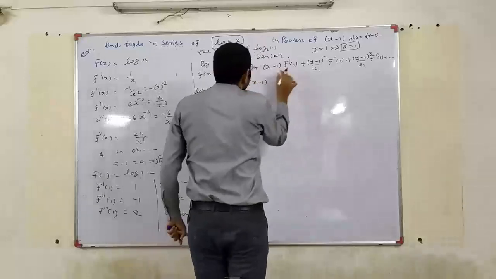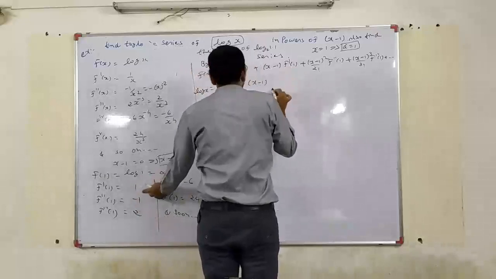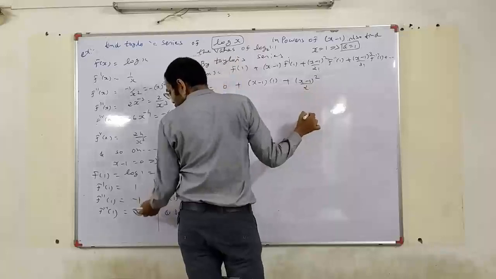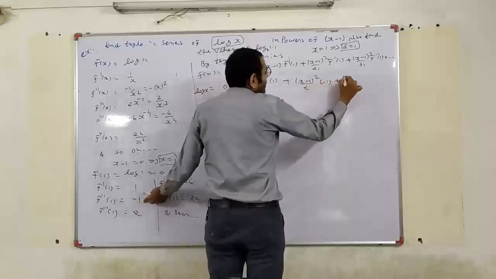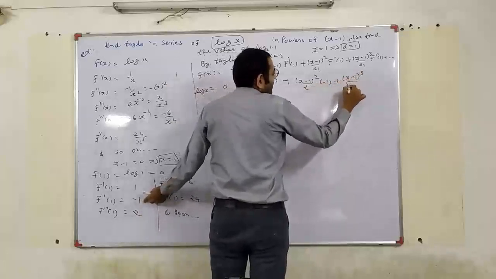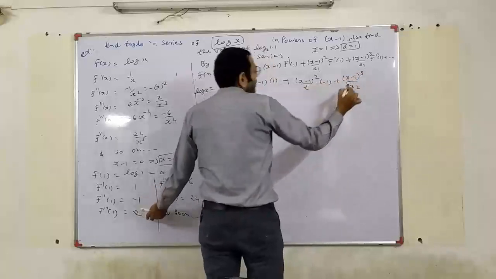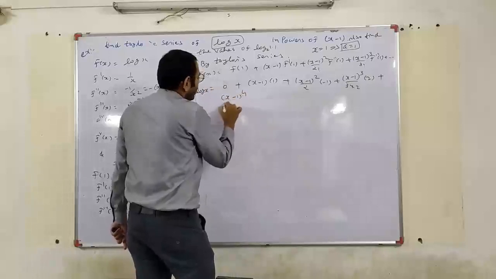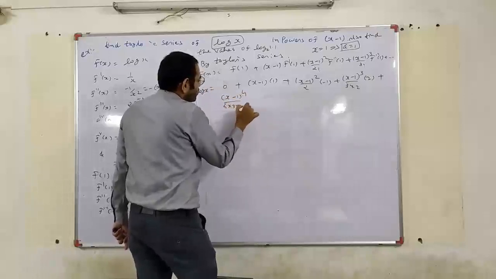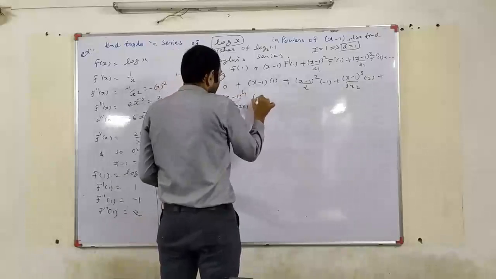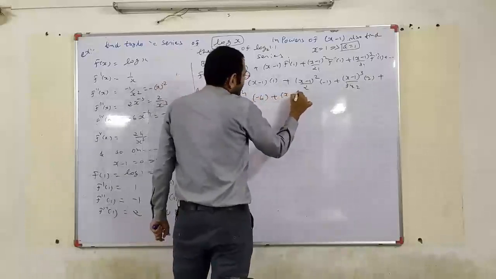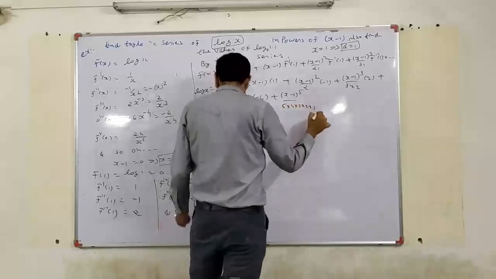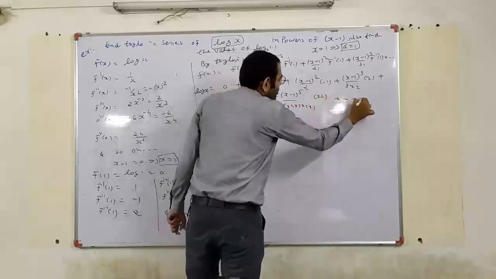Then plus (x minus 1) times f'(1), that is 1, plus (x minus 1) whole square by 2 factorial, that is 2, with f''(1) equal to minus 1, plus (x minus 1) raised to 3 by 3 factorial, that is 6, into 2, plus (x minus 1) raised to 4 by 4 factorial, 4 3 2 1, into minus 6, plus (x minus 1) raised to 5 by 5 factorial, 5 4 3 2 1, into 24, and so on.